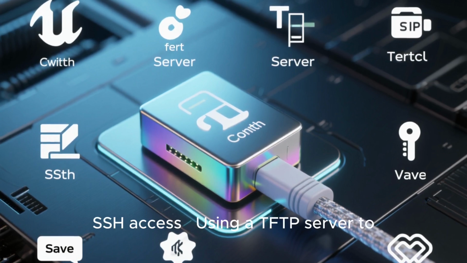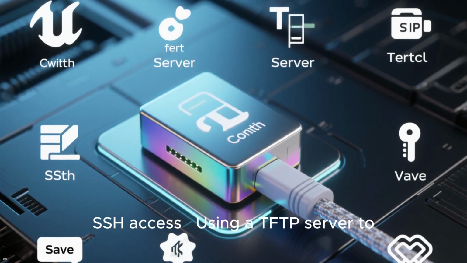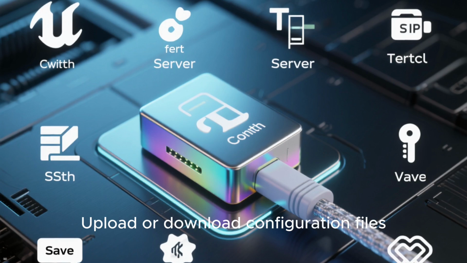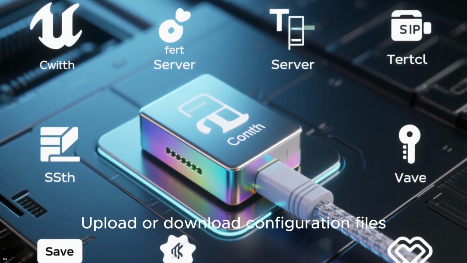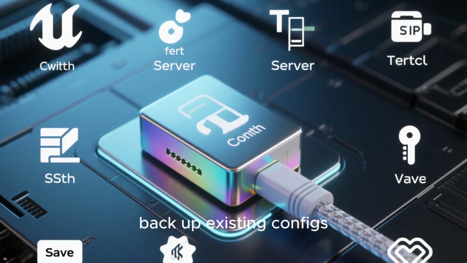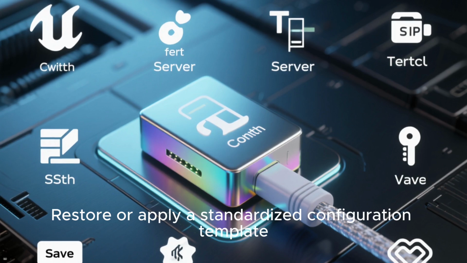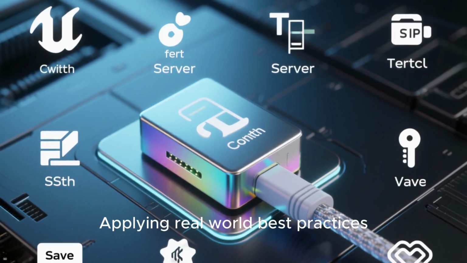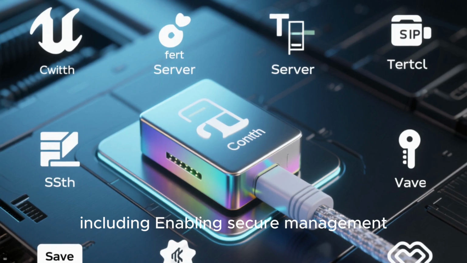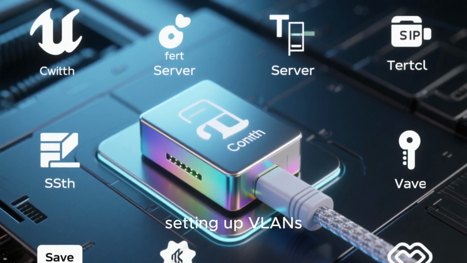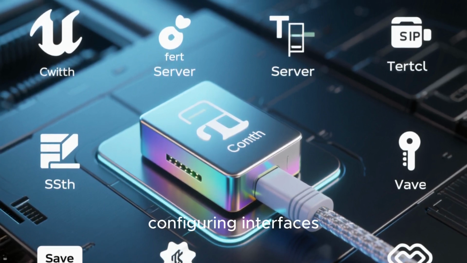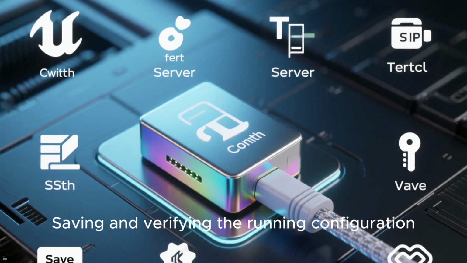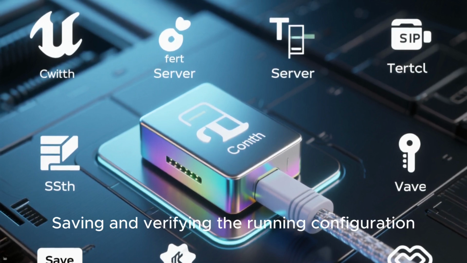SSH access, using a TFTP server to upload or download configuration files, backing up existing configs, restoring or applying a standardized configuration template. Applying real-world best practices, including enabling secure management, setting up VLANs, configuring interfaces, saving and verifying the running configuration.